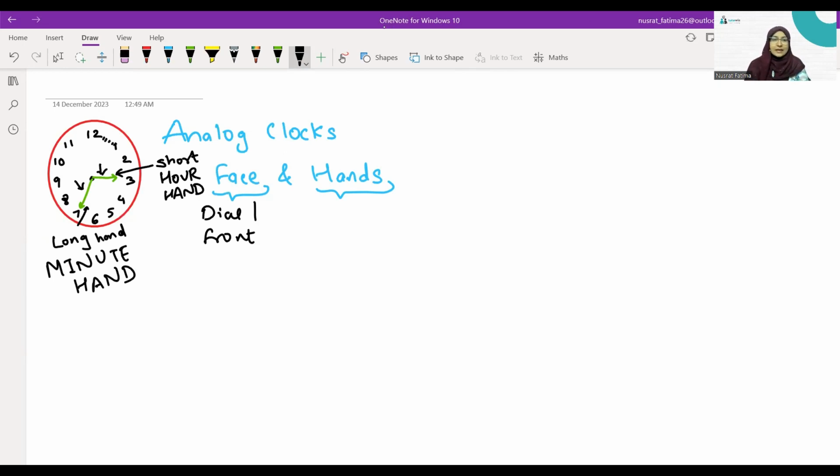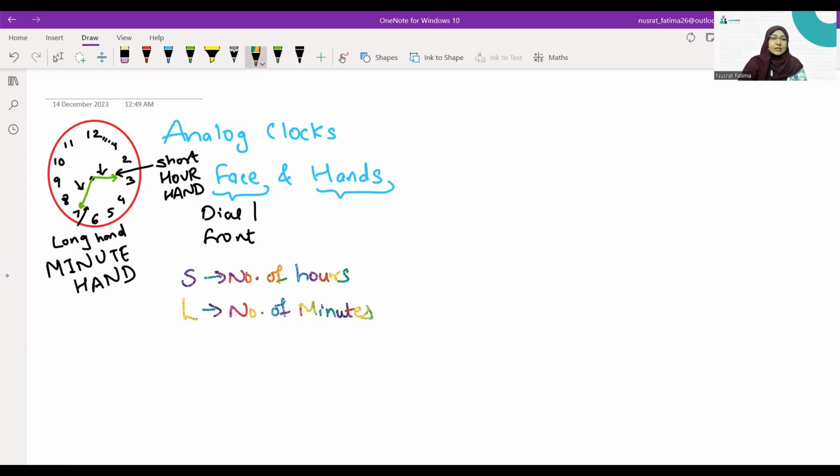Now let us understand how to read time on an analog clock. As I explained, the short hand shows the number of hours, and the long hand shows the number of minutes that have been passed.